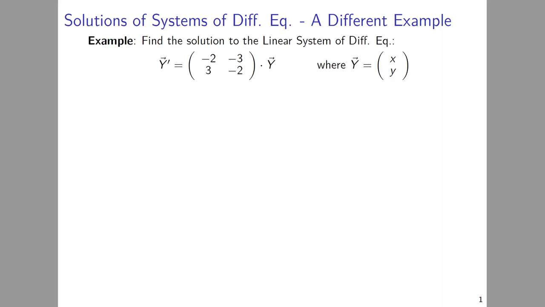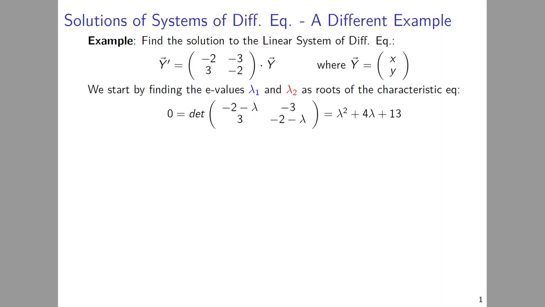In this example, we will find the solution to the linear system of differential equations y' = [[-2, -3], [3, -2]] y. We start by finding the eigenvalues λ1 and λ2 as the roots of the characteristic equation, which is given by 0 = det(A - λI), where A is our coefficient matrix [[-2, -3], [3, -2]].